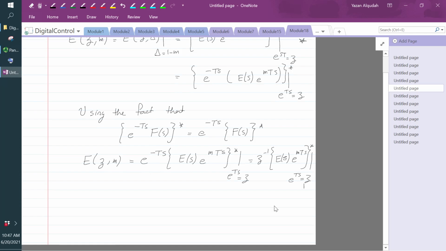Okay, now how do we obtain this? We're going to do something similar to how we obtained the pulse transfer function.